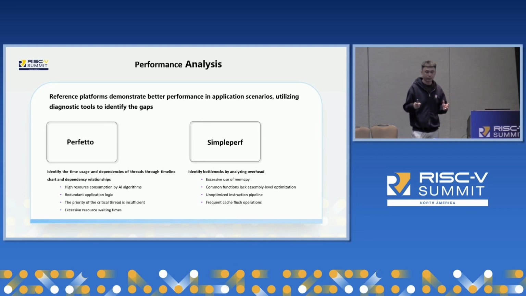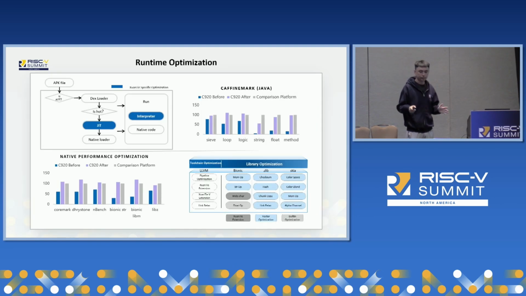With this information, you can know what's happening in your hot spots, in your code, and you can do assembly level optimization and use the microarchitecture pipeline to organize your instruction flow. Those are the two famous and popular tools. With these tools, you can begin your runtime optimization.